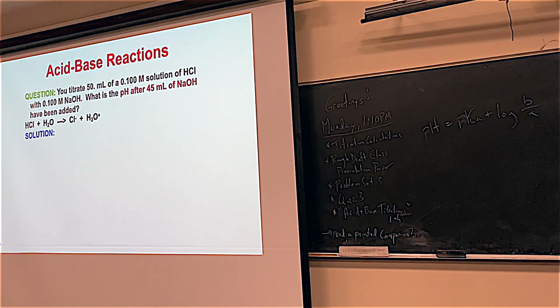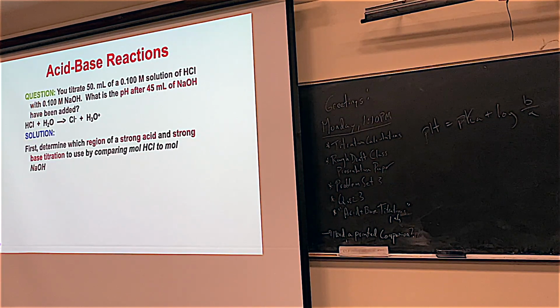So let's pretend that you didn't know how many milliliters it was going to take to reach equivalence, which is totally fine. Finding the right region is important, and what you should do is solve for the moles of what you're starting with, which in this case is moles of HCl. So 50 milliliters becomes this many liters.